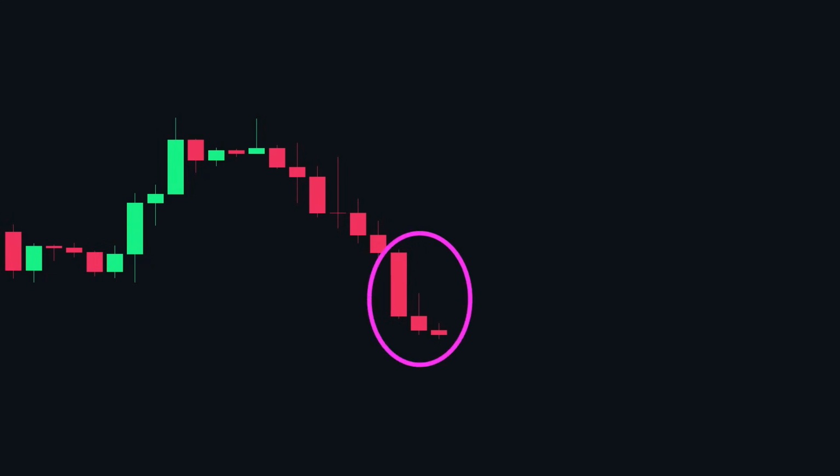For example, if the price is in a downtrend and you spot 3 consecutive red candles, each smaller than the last, this signals that the previous downtrend is losing momentum. After that, a large green candle forms, showing that buyers are now more dominant and signaling a potential reversal to the upside. If you see this setup on a chart, you can enter a long position at the close of the green candle, with a stop loss at the low of the previous candle.